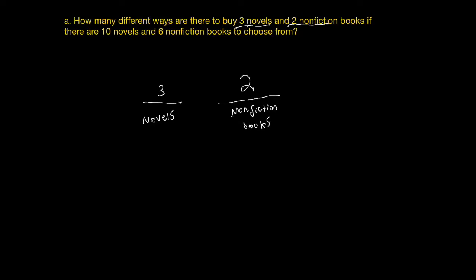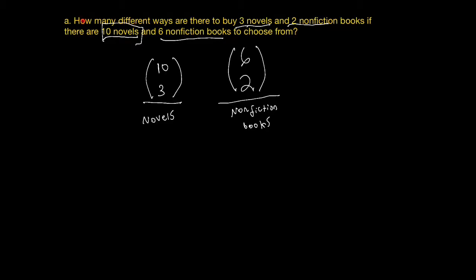Now, the difference is that here we have 10 novels and we have 6 nonfiction books. So just saying that we want 3 would be inaccurate here. We want to choose 3 out of 10 for the novels, and here we want to choose 2 nonfiction books from 6.